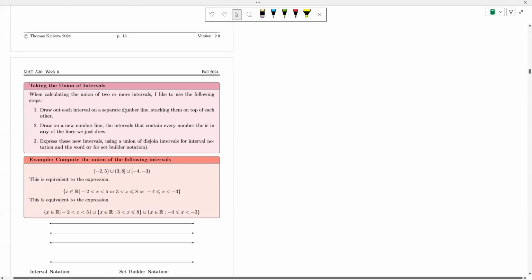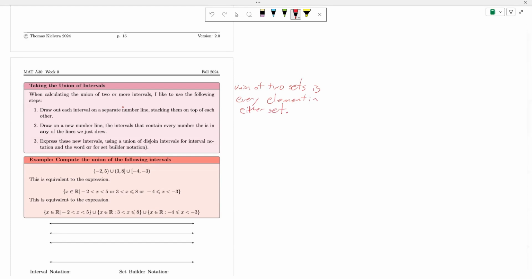So remember that the union of two sets is every element in either set. So all we need is to be in one set or in the other set. And to describe union, we use or. So it's in one set or the other set.